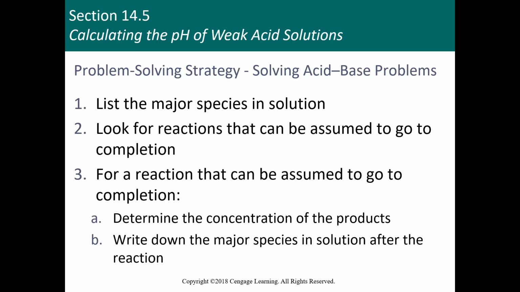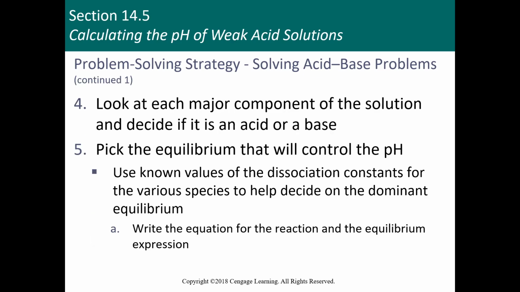All right, so this is the problem solving for acid-base problems. So again, major species, look for the reaction that can be assumed to go to completion, if you can. For a reaction that can be assumed to go to completion, determine the concentration of your products. Write down the major species in solution after the reaction.